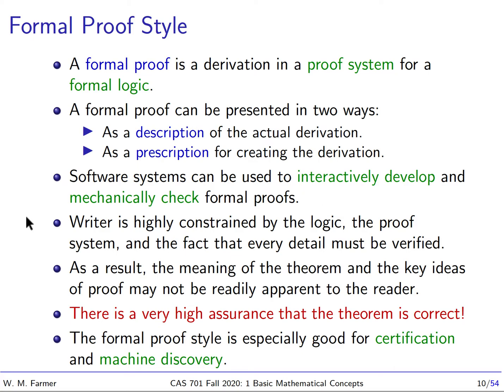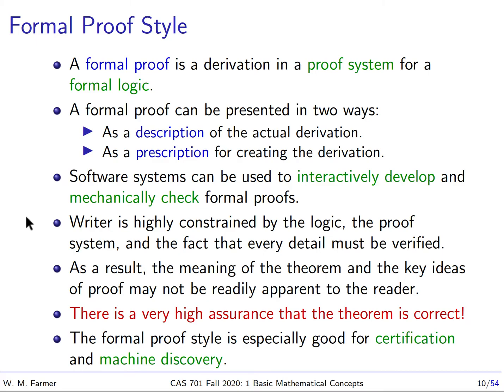So formal proofs have their weaknesses, but we must say as strongly as we can that they provide a very high assurance that the theorem is correct. If we have a formal proof, it doesn't provide absolute assurance that the theorem is correct, but it's very high assurance because we can check to make sure our software system is working properly.